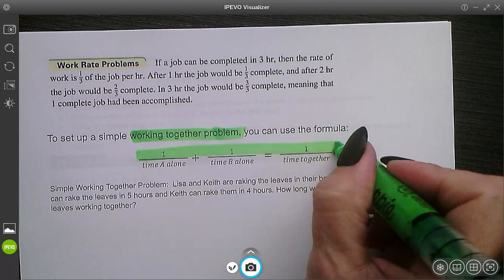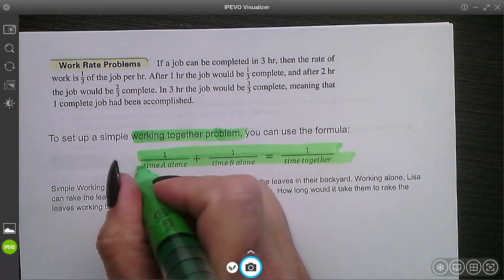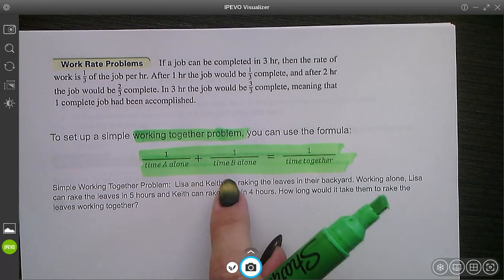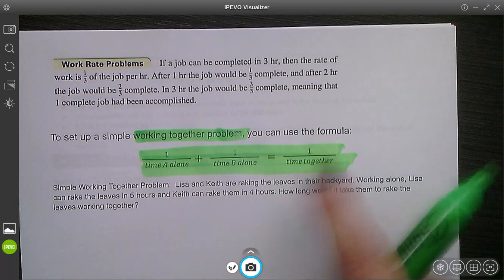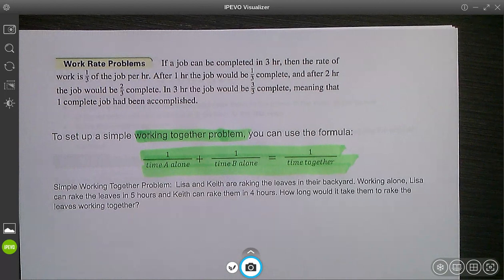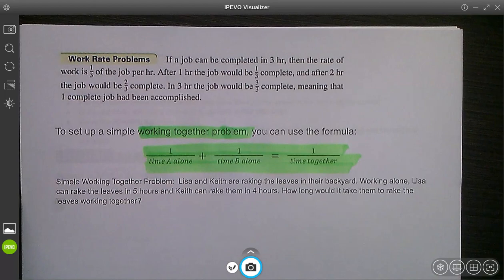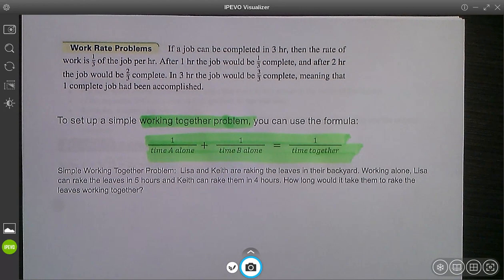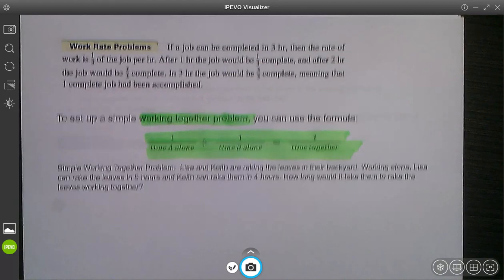We take 1 over the time it takes person A working alone plus 1 over the time it takes person B alone is equal to 1 over the time it would take them to finish the job together. There are more complicated ways to set these problems up, but really we're going to be doing some pretty straightforward problems. So this formula is going to work out for us.